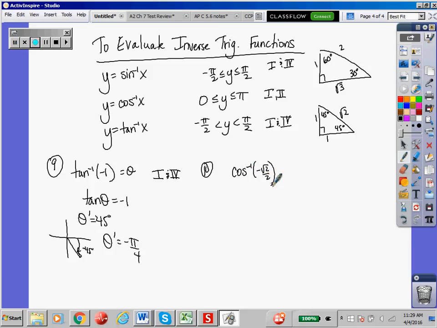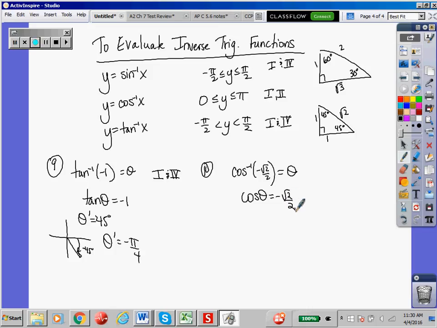Okay, let's try this one. Inverse cosine of negative radical 2 over 2. You guys, is this coming back to you?